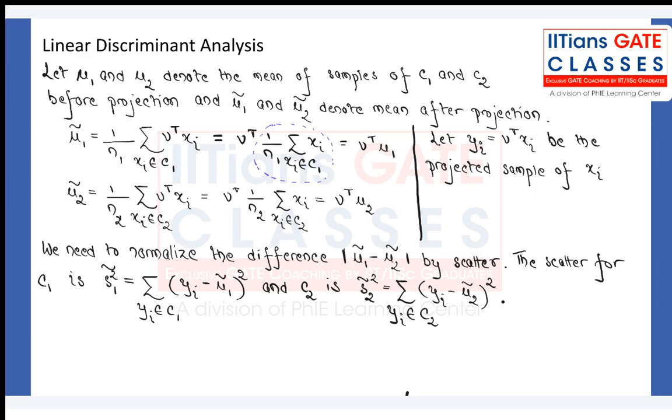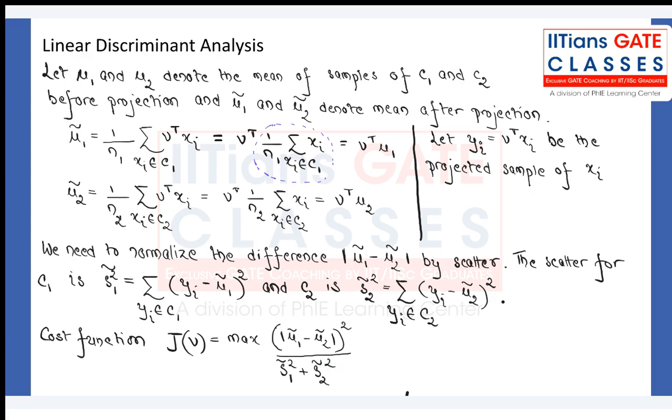The cost function J of v is, I try to maximize the difference in the mean, so mu1 tilde minus mu2 tilde squared, divided by, I want to normalize it with respect to the scatter, S1 square tilde plus S2 square tilde.